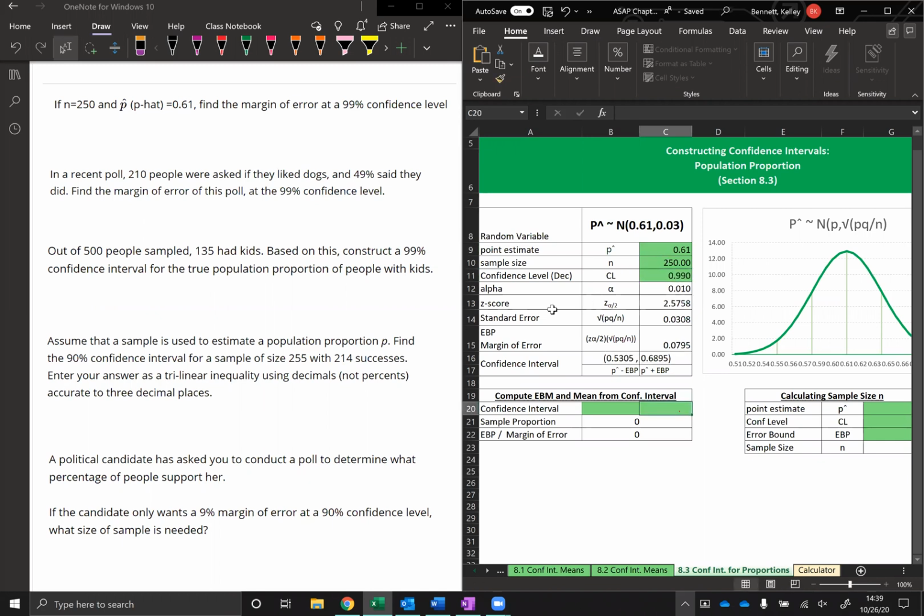Now we can come down towards the bottom of our table and see EPB, margin of error. This is the error bound for the proportion. Previously we had EBM, the error bound for the mean. They're both the margin of error for their respective cases. And we see that the margin of error is 0.0795.